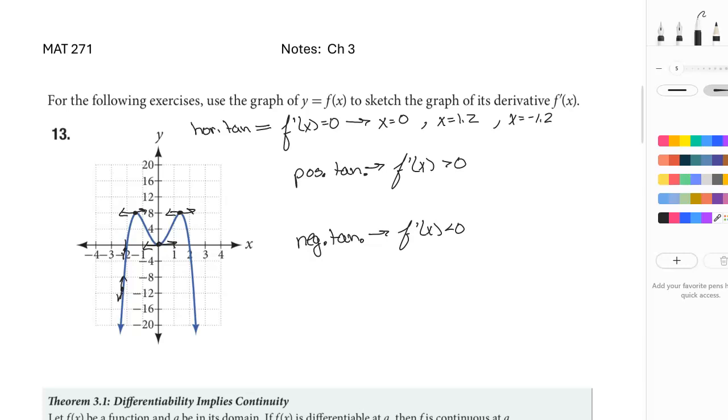You could draw a few just to see them. And then we're decreasing, which means we have negative tangents. That's from negative 1.2 to 0. And then we increase again with positive tangents between 0 and 1.2. And then we have negative tangents on the right-hand side of 1.2.